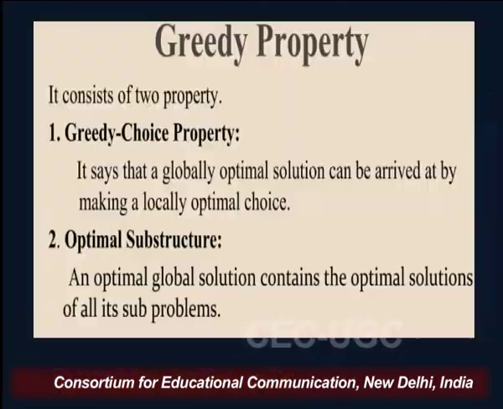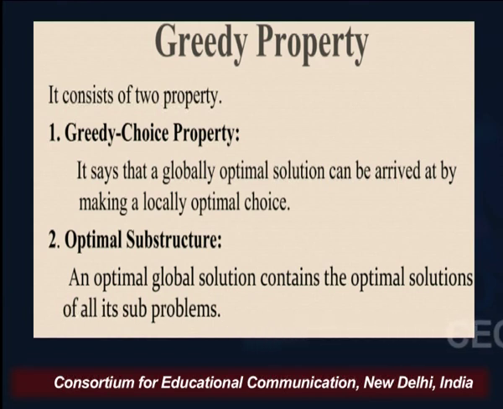Now, one thing which is very important as far as greedy algorithms are concerned is the term greedy property. Greedy property says that a globally optimal solution can be arrived at by making a locally optimal choice.